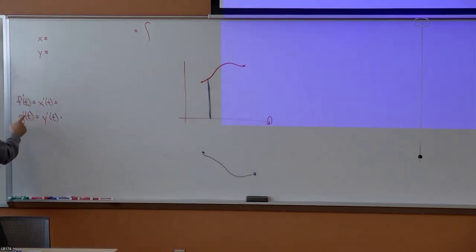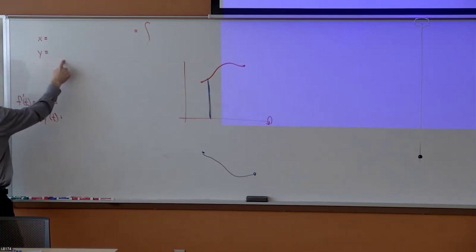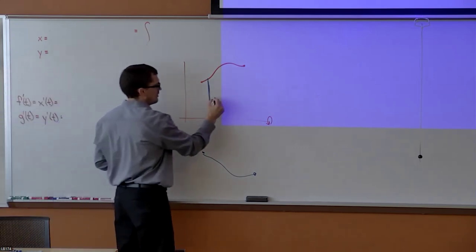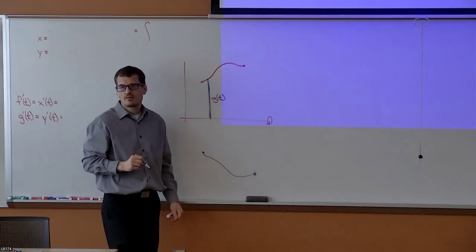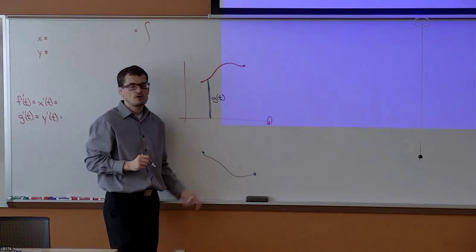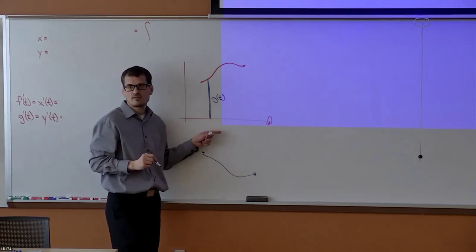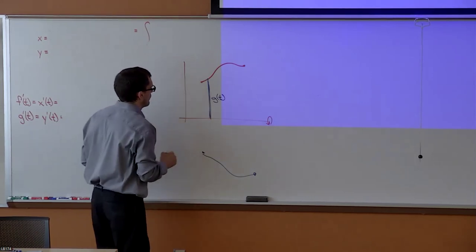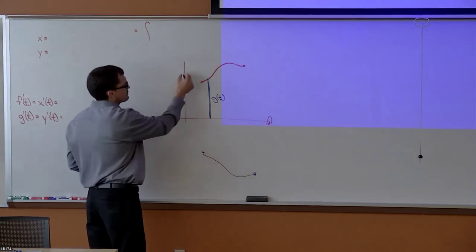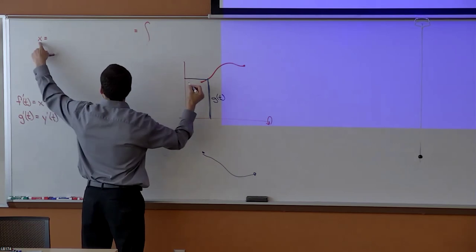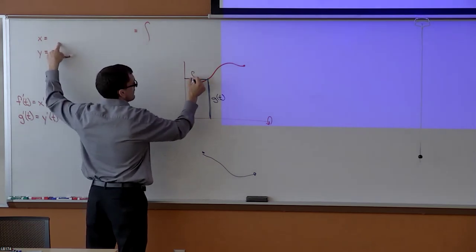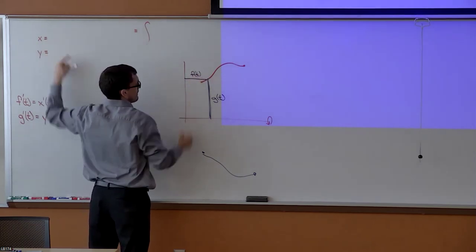So that distance is actually just the g of t, if I'm rotating around the x-axis. If I'm rotating around the y-axis, then the measurement is just the x value. And the x value is given to us by f of t.